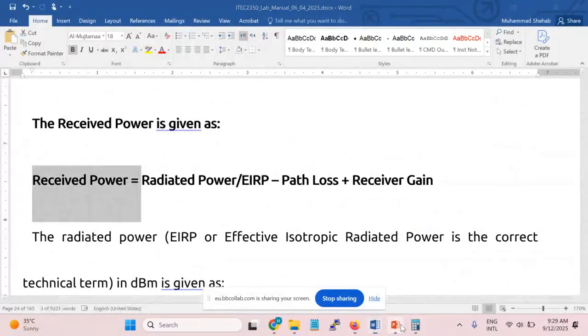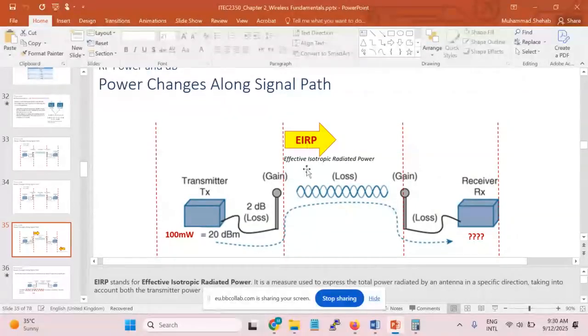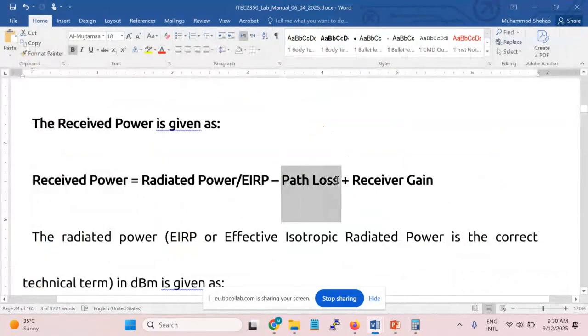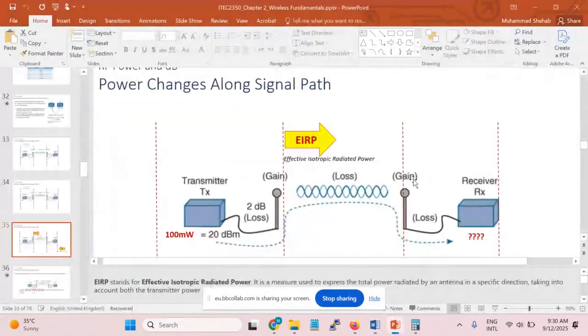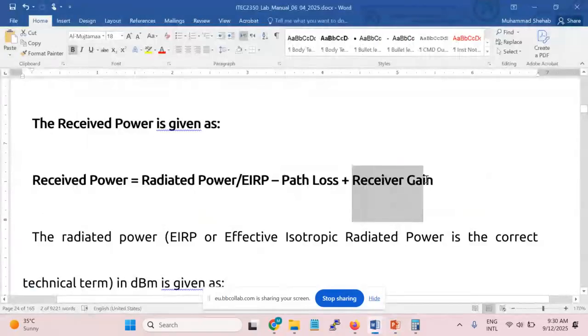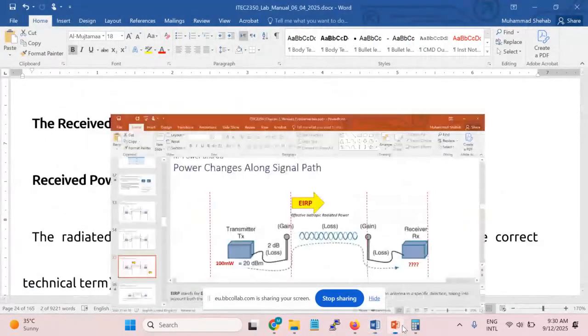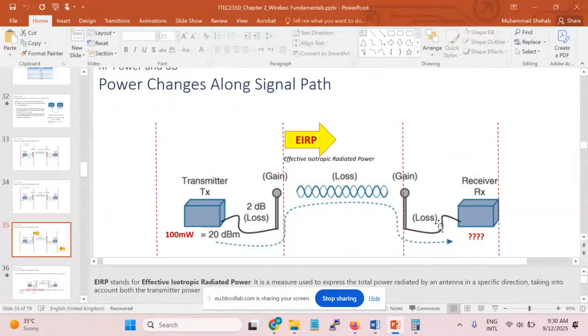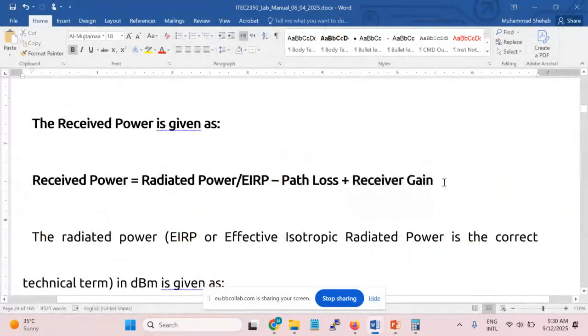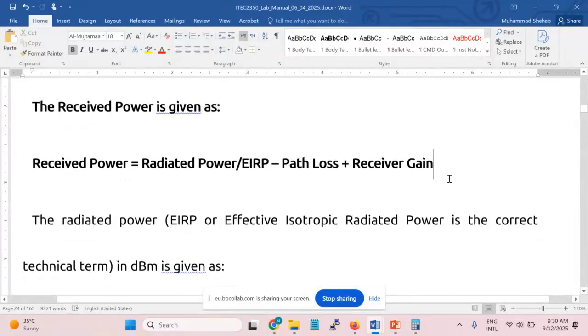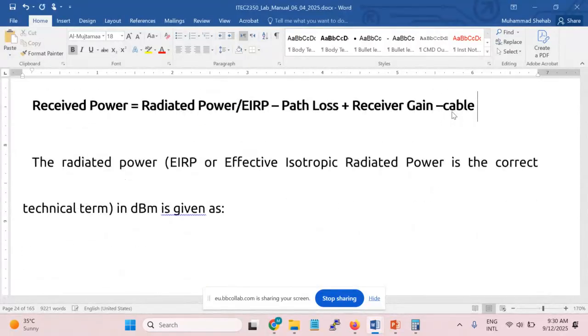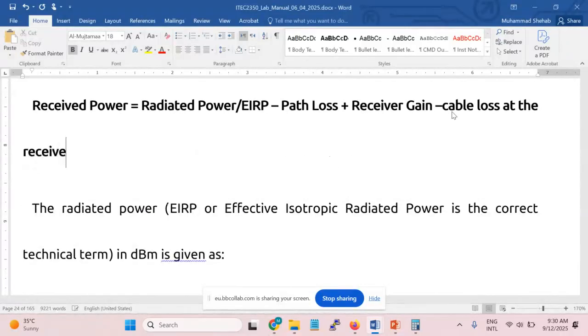The received power at the receiver equals the EIRP, which is the transmitter power minus cable loss plus antenna gain, minus the free space path loss between transmitter and receiver, plus the antenna gain at the receiver, minus the cable loss at the receiver.